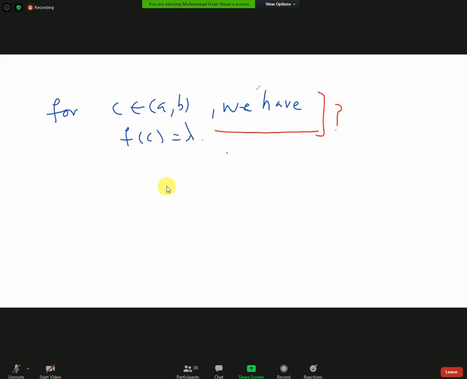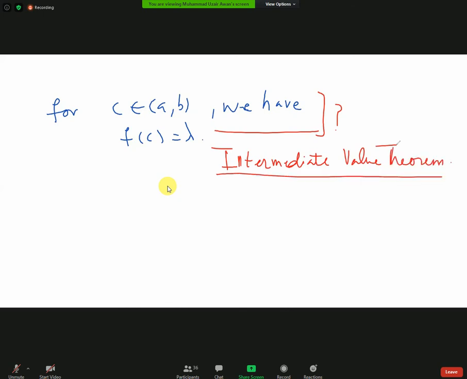Okay, this is your intermediate value theorem. Open your Real 1 or Calculus notes and see it. For c, a point in between a and b, we have f of c is equal to lambda.